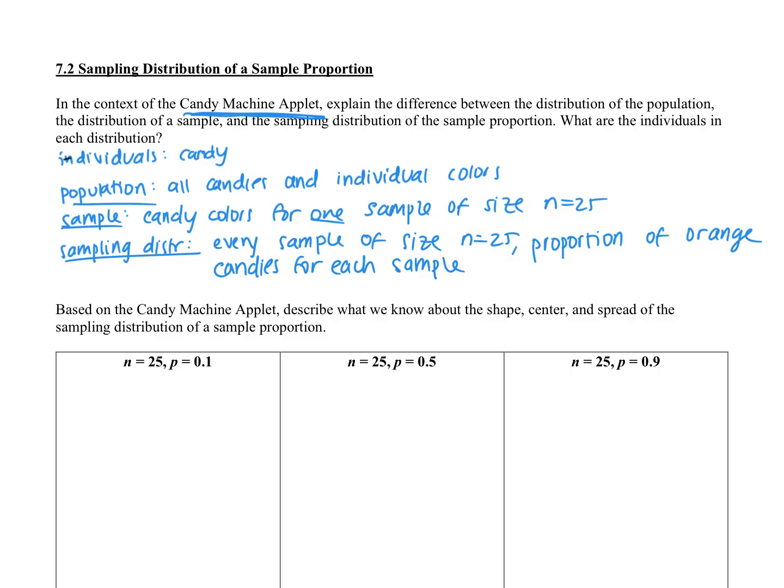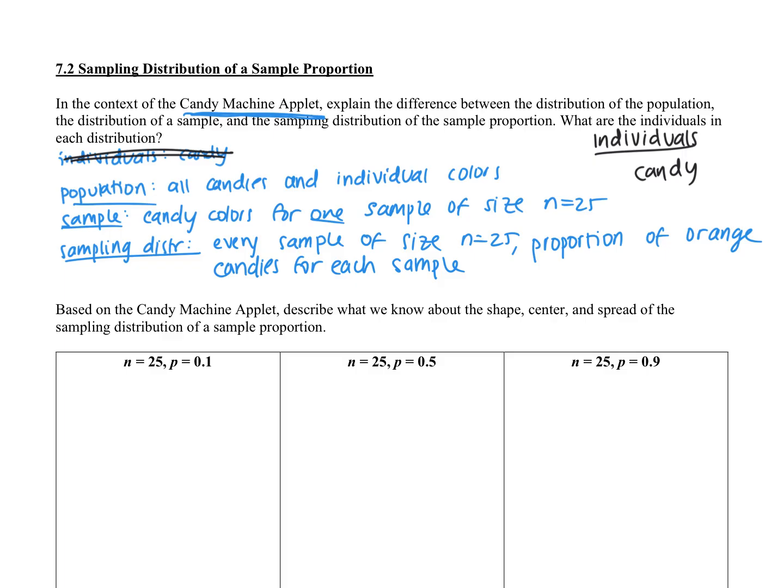Okay, this individuals, that's not really what I meant. What I meant for us to do is to indicate what the individuals are in each distribution. So in the population, what are the individuals? In the sample, what are the individuals? In the sampling distribution, what are the individuals? In the population, the individuals are the individual candies.